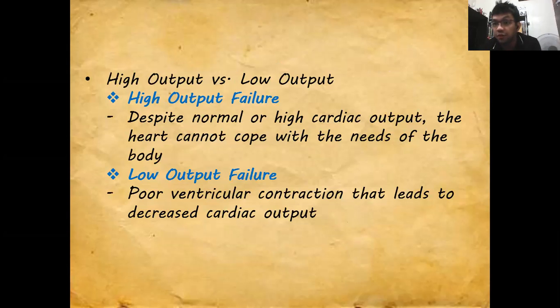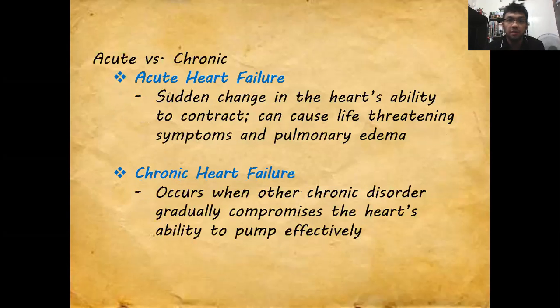Or there's low output failure due to poor ventricular contraction that leads to decreased cardiac output. This is the more common one, wherein due to the weakness of the ventricles, it just pumps like this, and it is going to cause a low cardiac output.